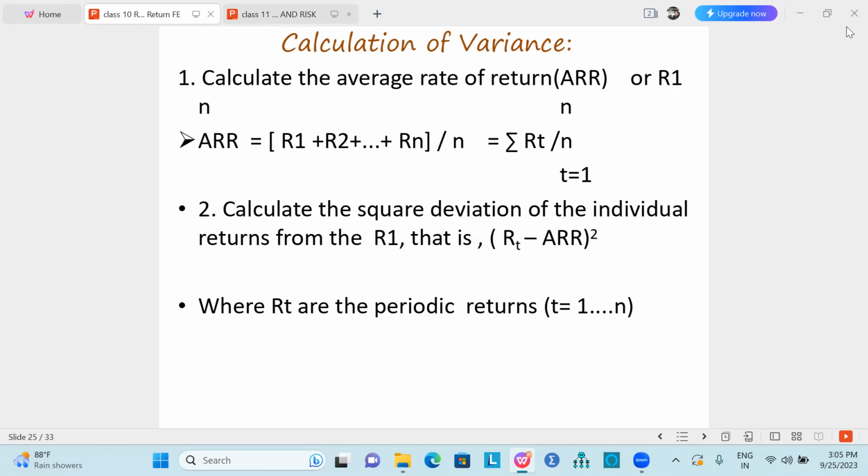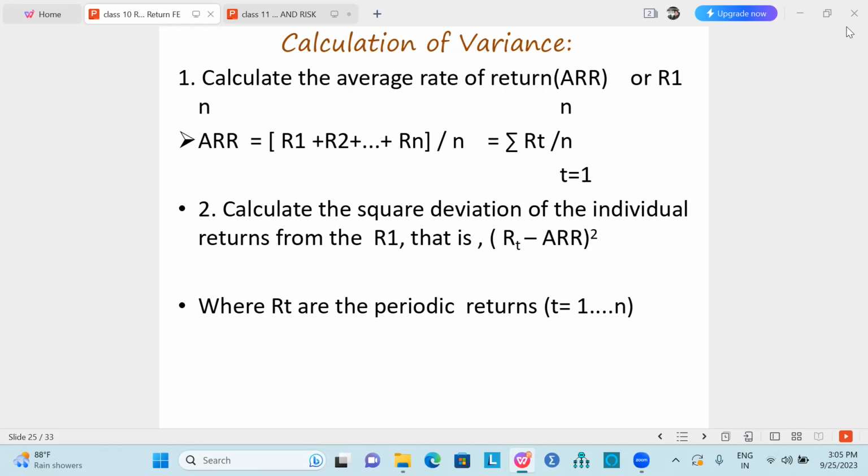The average rate of return is calculated with this formula, where you can see the return over the various years, R1, R2 plus Rn divided by 10, which is the number of years. So you get the average rate of return.